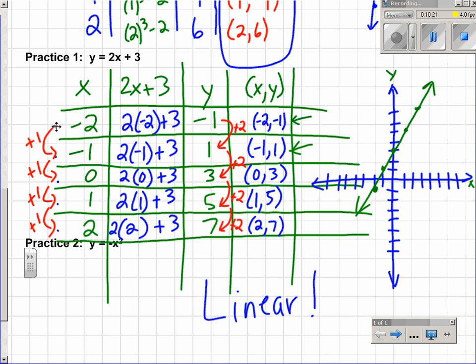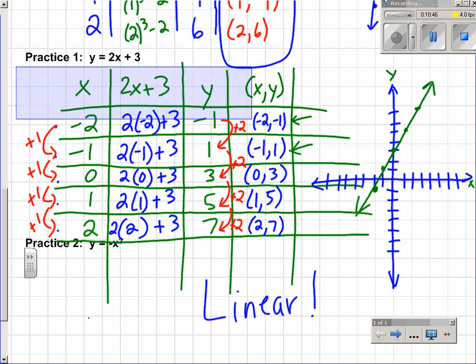All right, let me shift this up a little bit so you can see the next practice problem that you have to do. Hopefully I don't mess this up. It's being slow. All right, I'm just going to write it below. So practice 2 is y equals negative x squared.